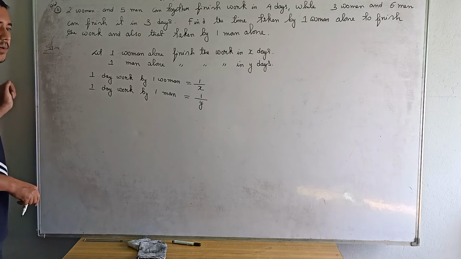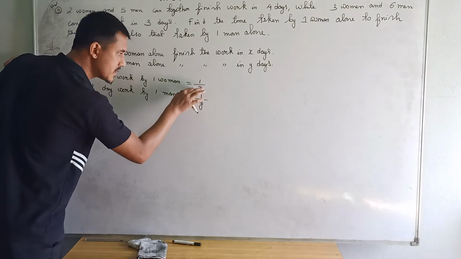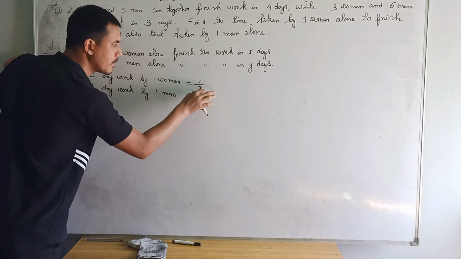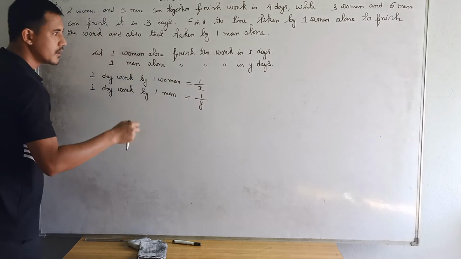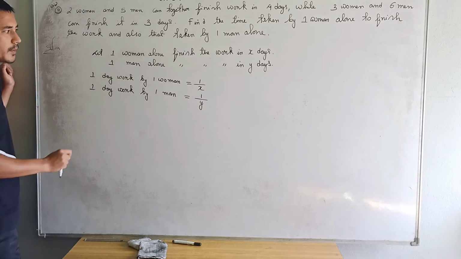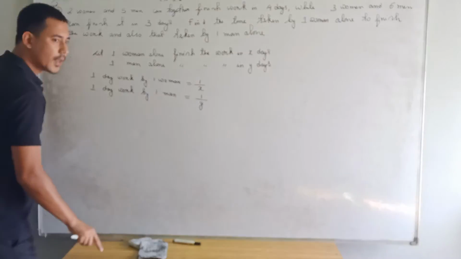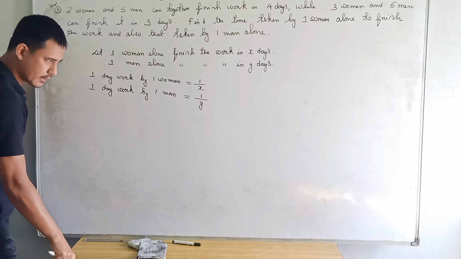Then in 1 day, how much can they finish? They can finish double of this. This is the work done by 1 woman in 1 day, so if you double the women, they will double the work.